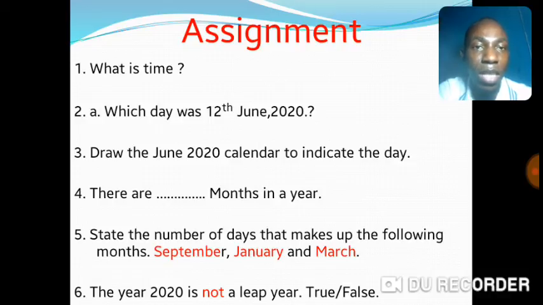After which you circle that particular day, which stands for June 12, 2020.